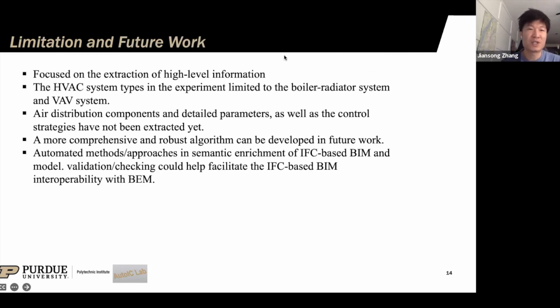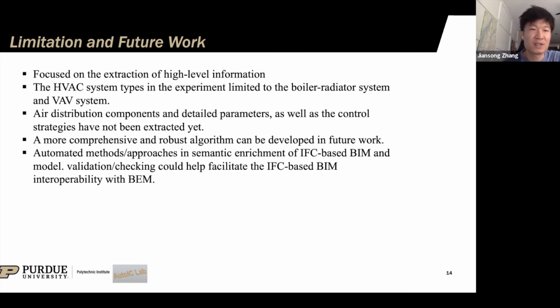So, some limitations and future work. This work only focused on high-level extraction following the 4 steps, and the HVAC system is still limited to the boiler system and the VAV system in the 2 cases.